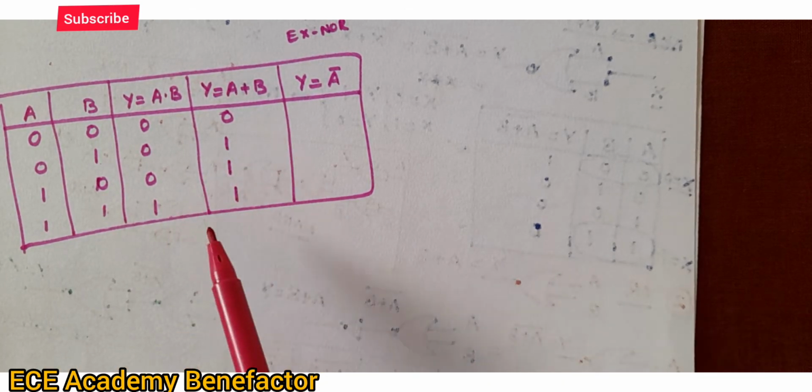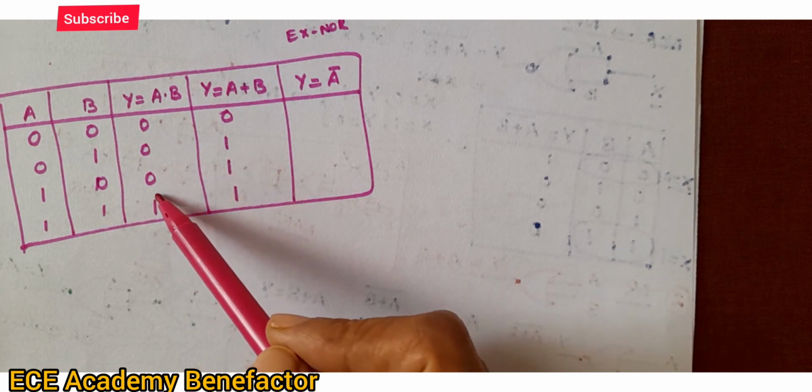So the output of an OR gate is high when at least one input is high.